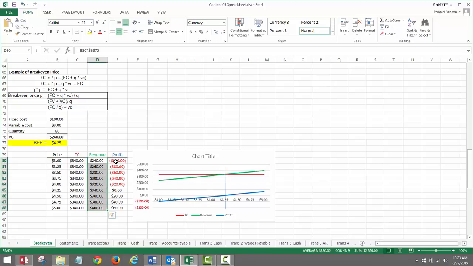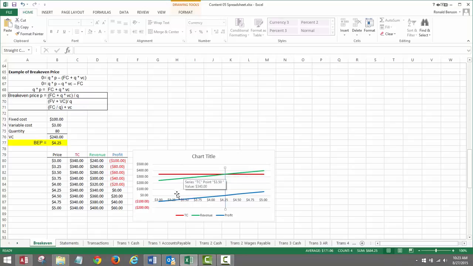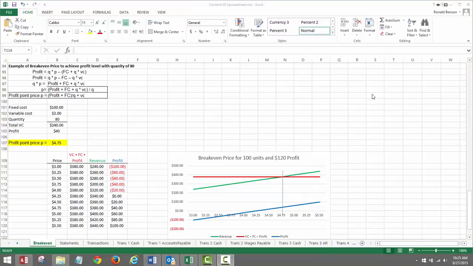The profit is the difference. We lose money up to $4.25, which is just what we had here. To graph that, you see that the profit crosses zero at $4.25, and that also is where the revenue equals the cost. The total cost in red, the revenue in green. And that's the break-even price.